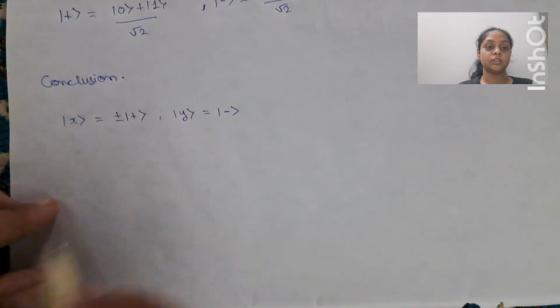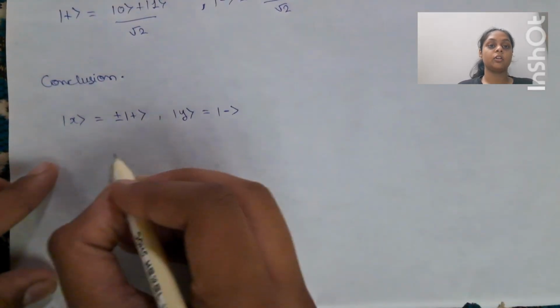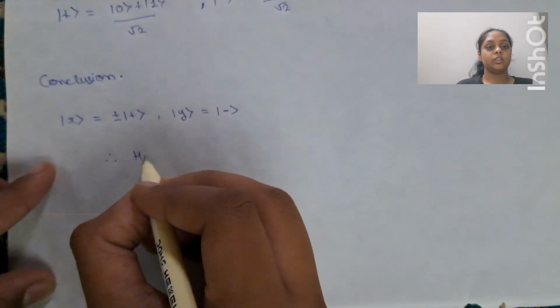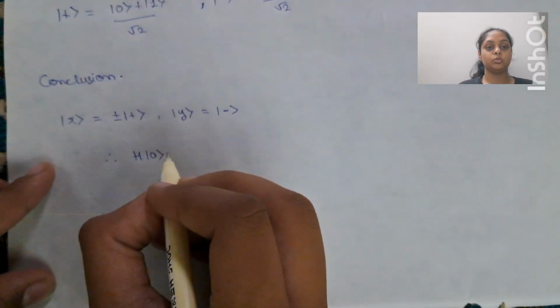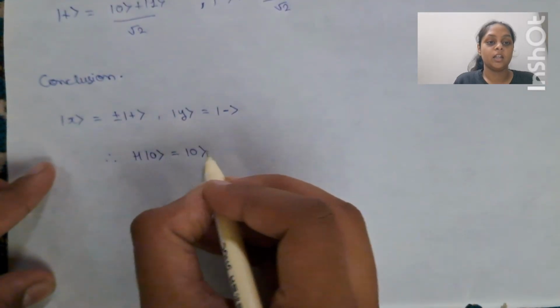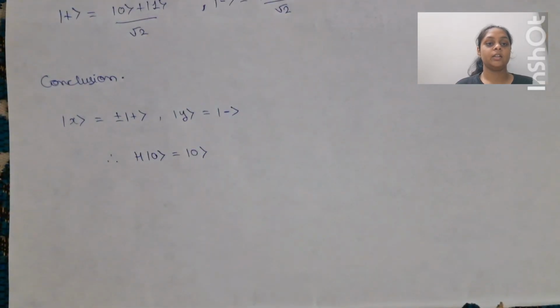That is, when we apply Hadamard gate to the first qubit, we get |0>, which gives us 100% probability of getting |0>.